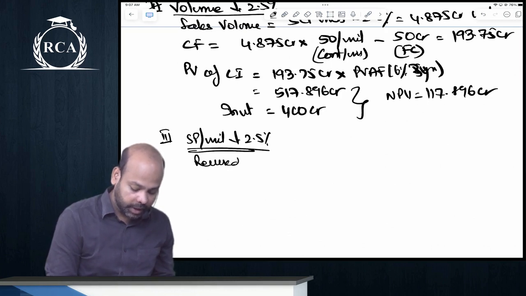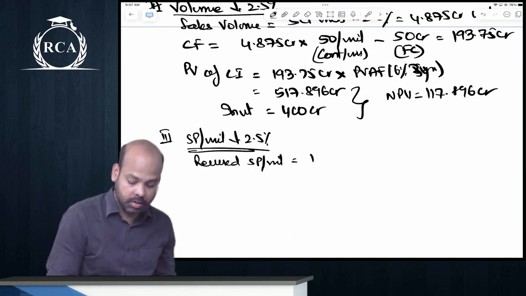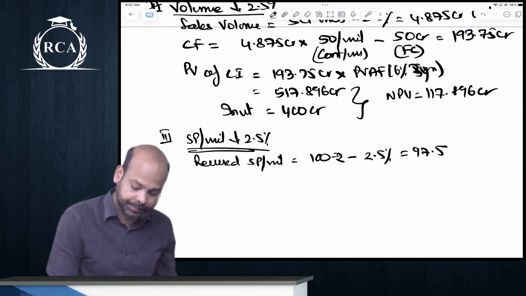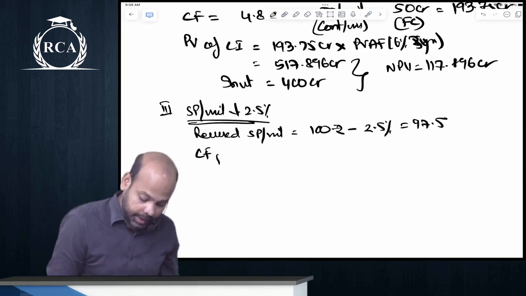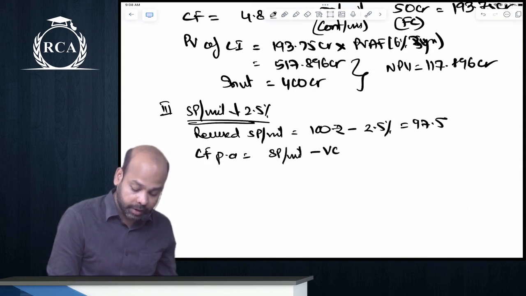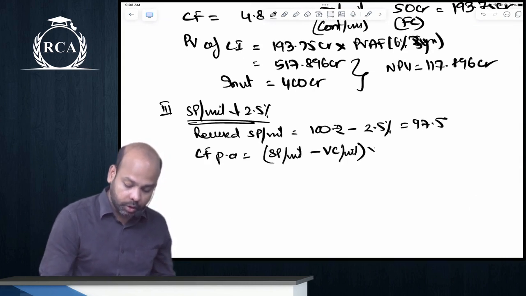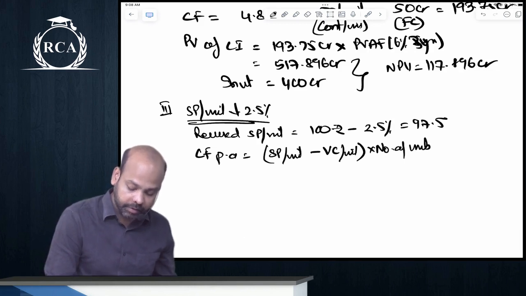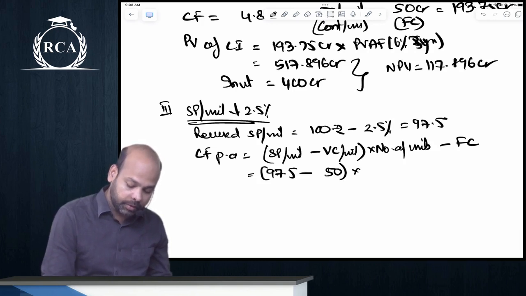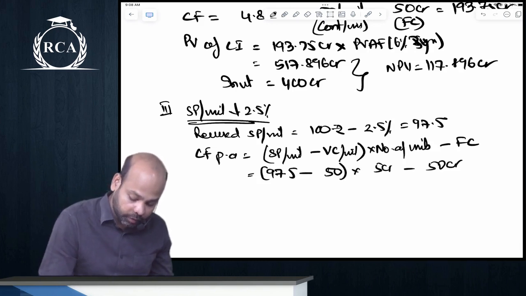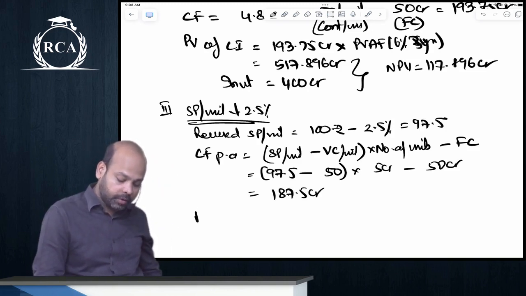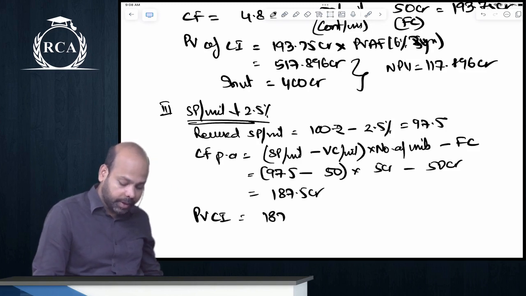So your revised selling price beta will be 100 rupees minus 2.5%, 97.5. My cash flow per annum beta will be equal to selling price per unit minus variable cost per unit into number of units minus fixed costs. Correct beta? 97.5 minus 50 rupees into 5 crore units minus 50 crores. What is your cash flow per annum? 187.5 crores.